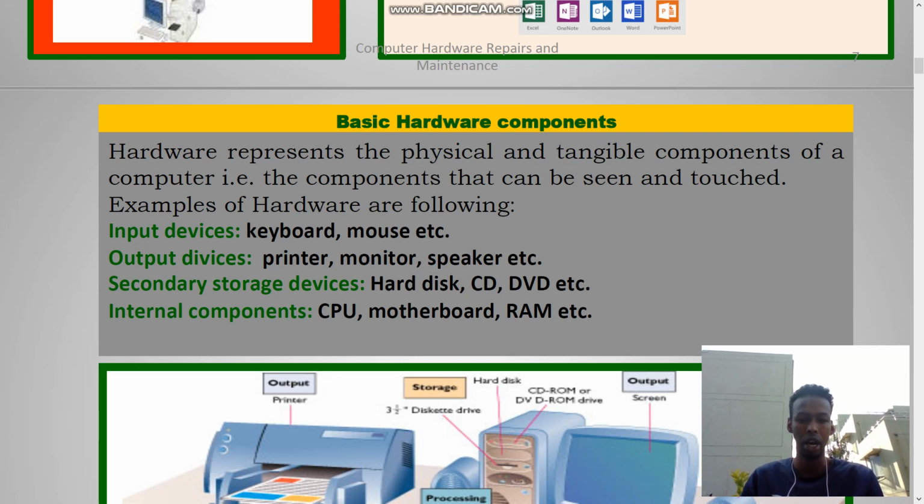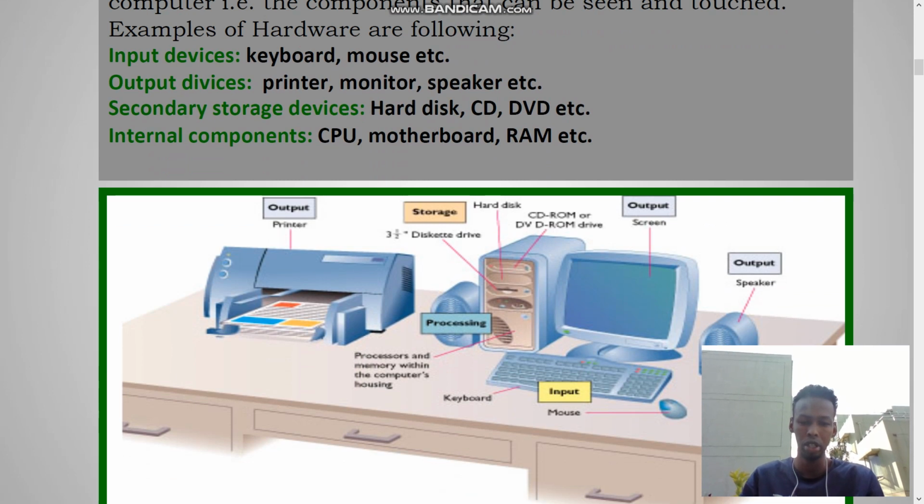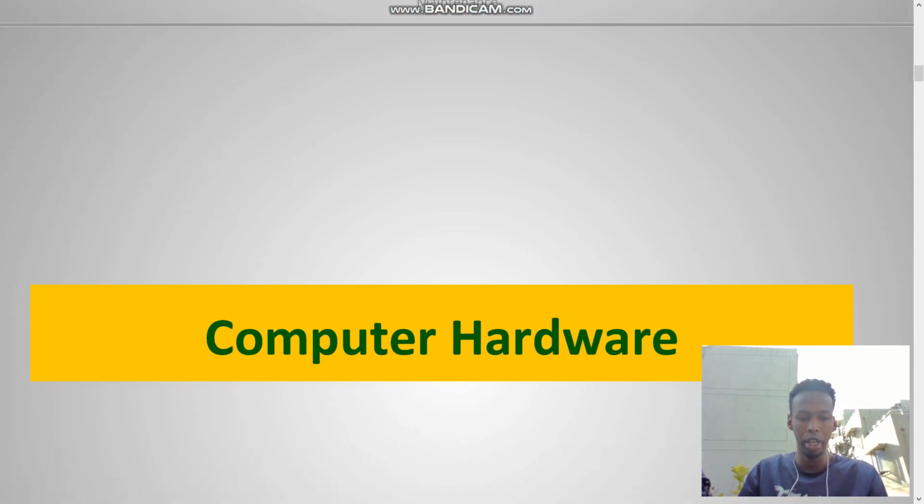Examples of hardware are the following: input devices, keyboard, mouse; output devices, the printer, monitor, speaker; secondary storage, hard disk, CD, DVD; internal components, CPU, motherboard, RAM. These are all the components of the computer. So this is a printer, this is a mouse, this is a keyboard, this is output, this is input.